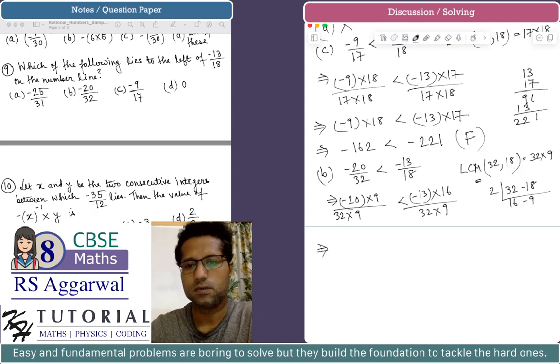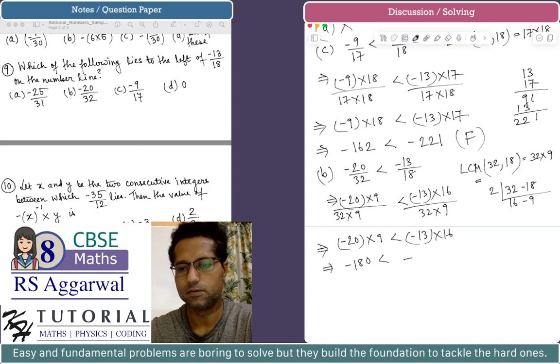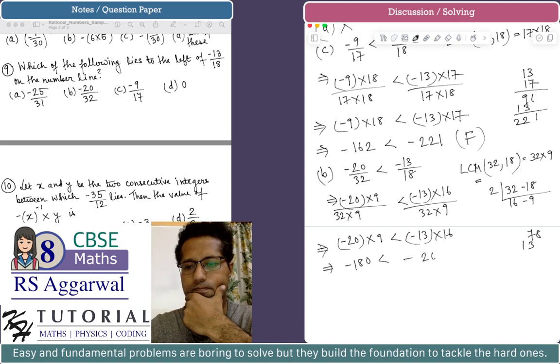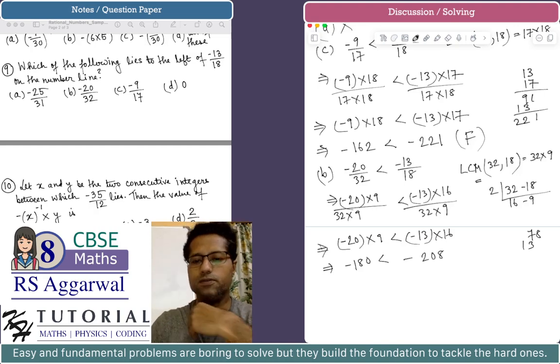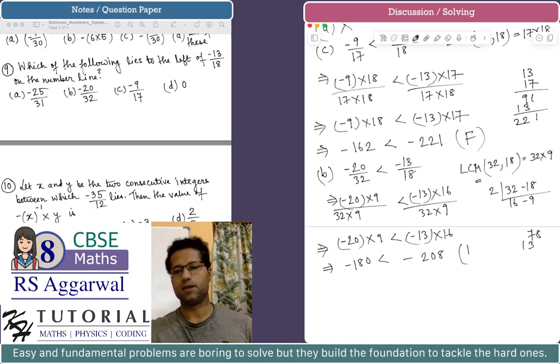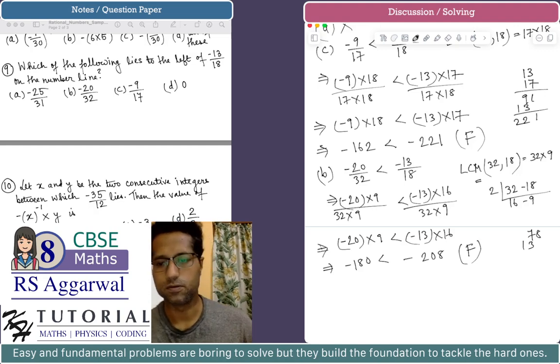So minus 20 multiplied by 9 is less than minus 13 multiplied by 16. This implies minus 180 is less than minus 208, which is a false statement because minus 180 is always greater than minus 208.